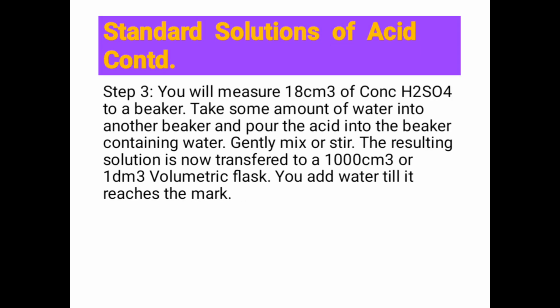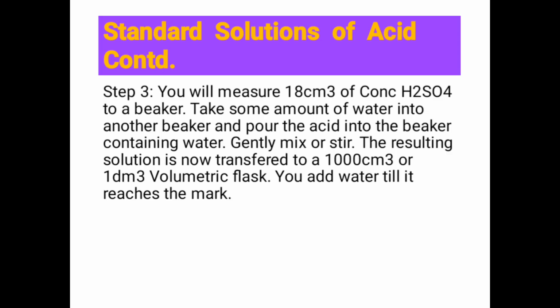So you use your measuring cylinder to measure 18 centimeter cube of conc H2SO4, and then you can add some amount of water into another beaker and pour the acid into the beaker containing water.